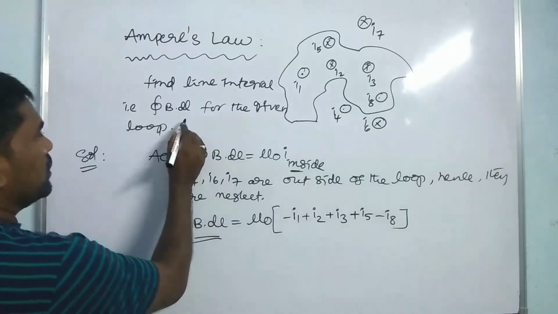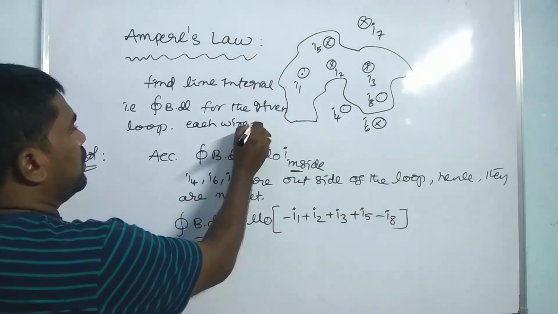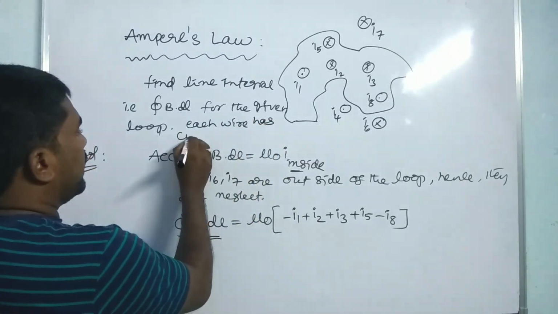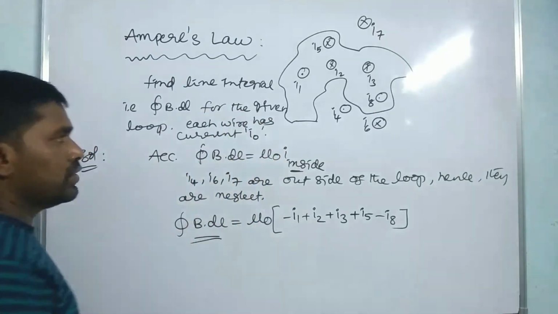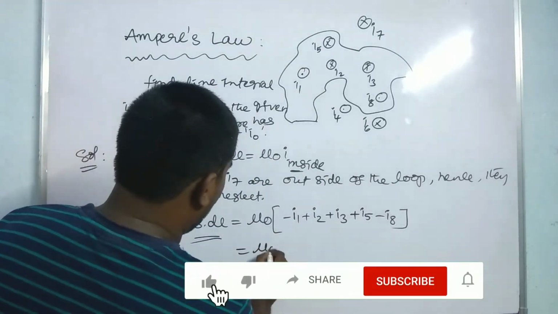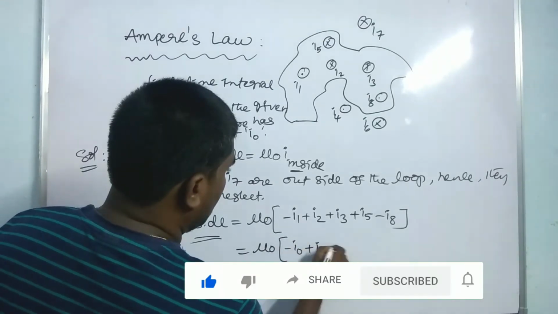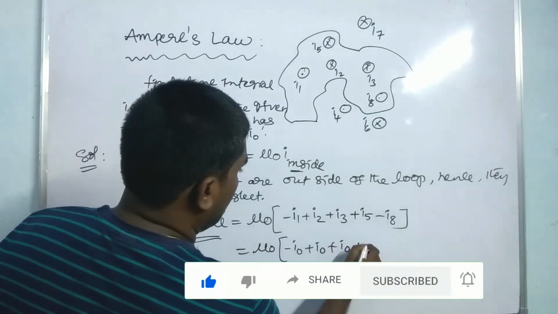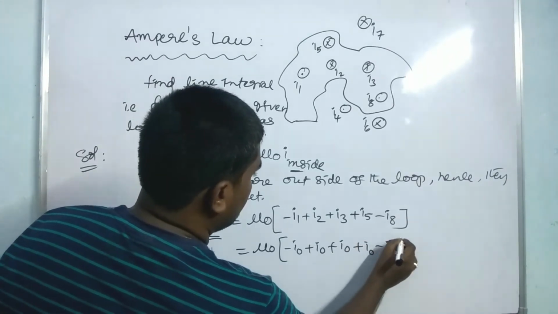Suppose each wire has the current I naught. Then the line integral is equal to mu naught into minus I naught plus I naught plus I naught plus I naught minus I naught.